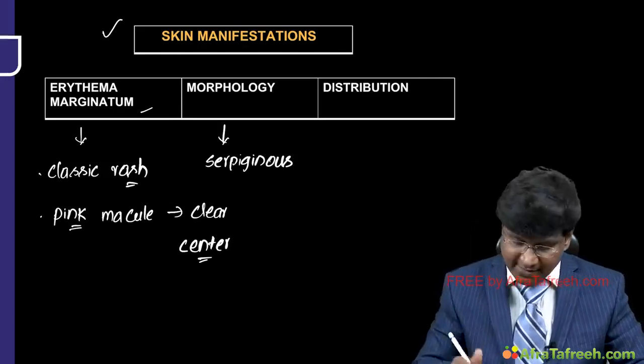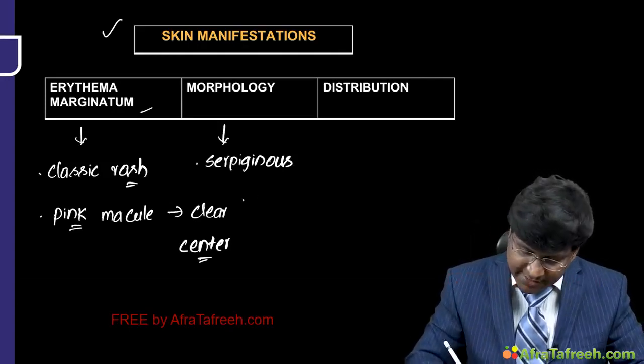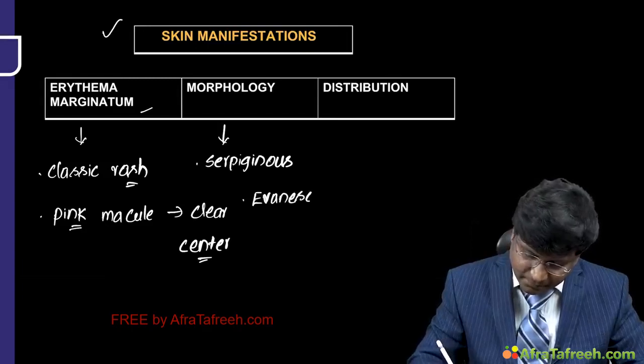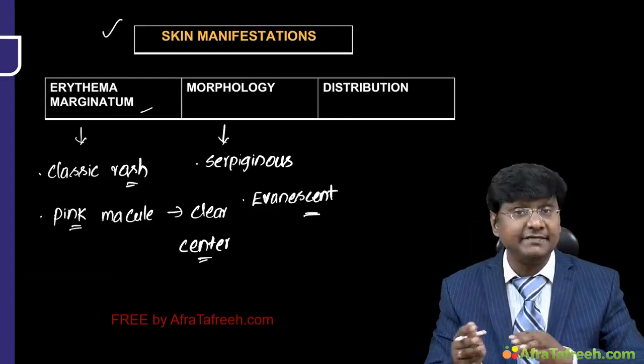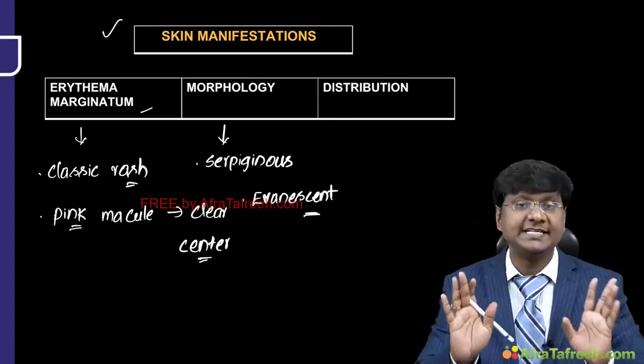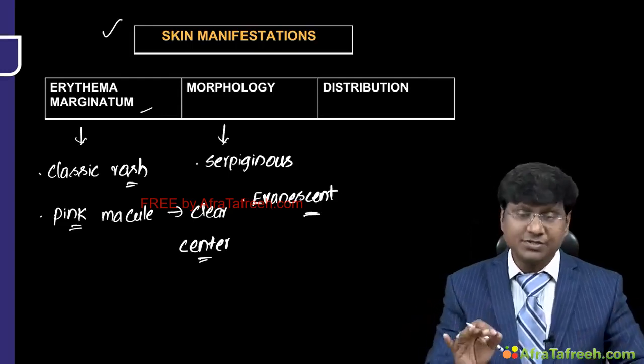And this rash is evanescent, right? That means it appears and disappears before the examiner's eyes itself. That is what is called evanescent.